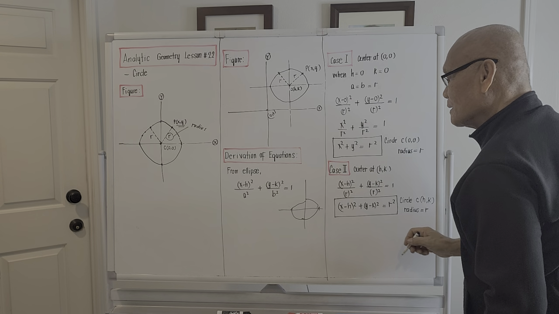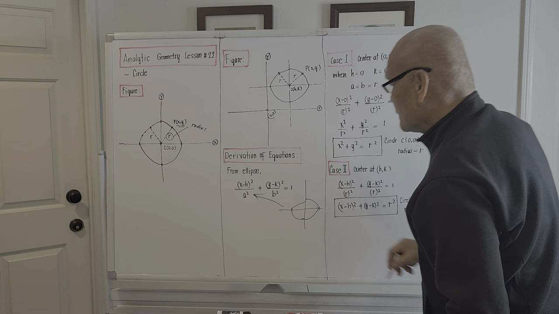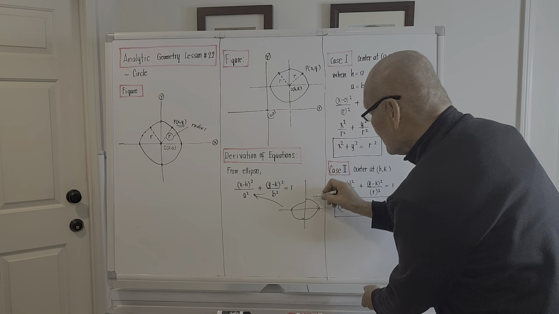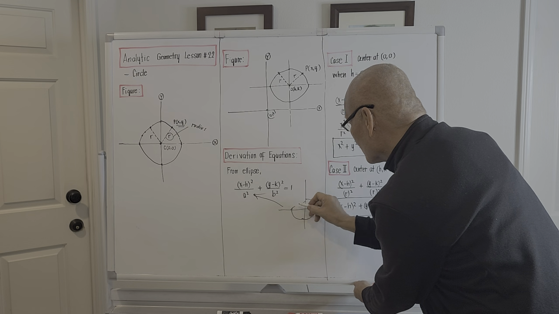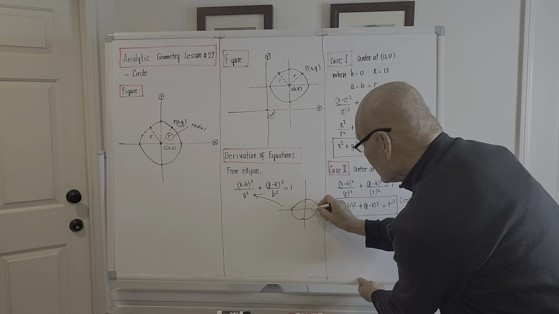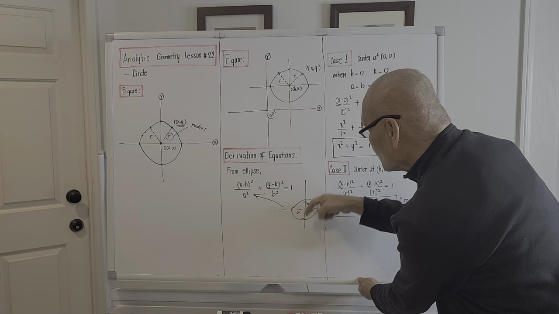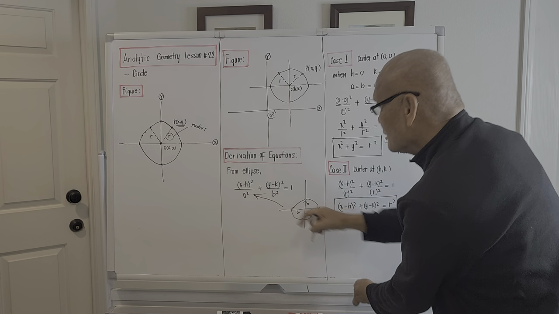That's this equation here. Sorry for this one, it should be like that. This is a, this is a, and this is b, and this is b. And the equation of this one is this one here.